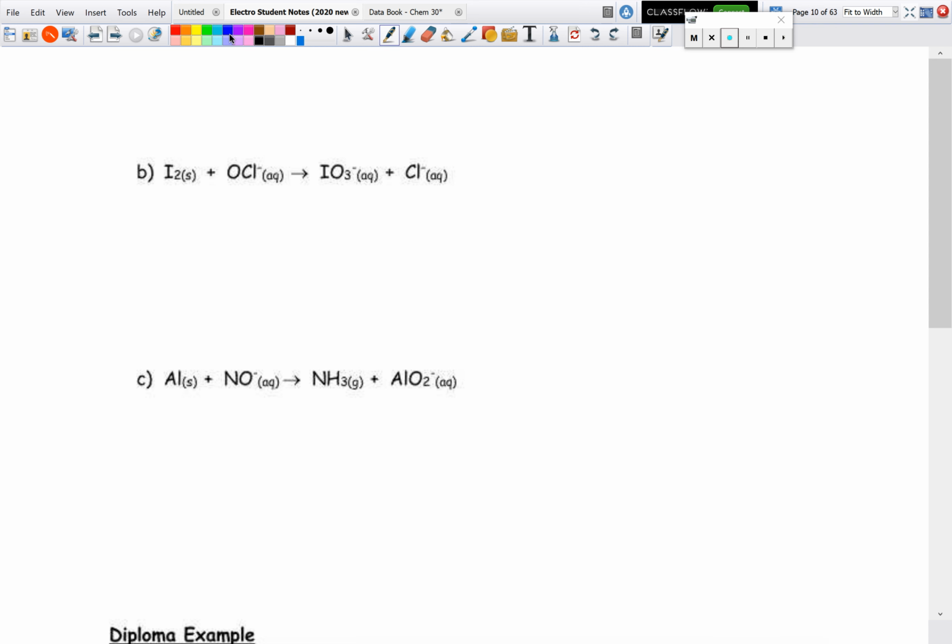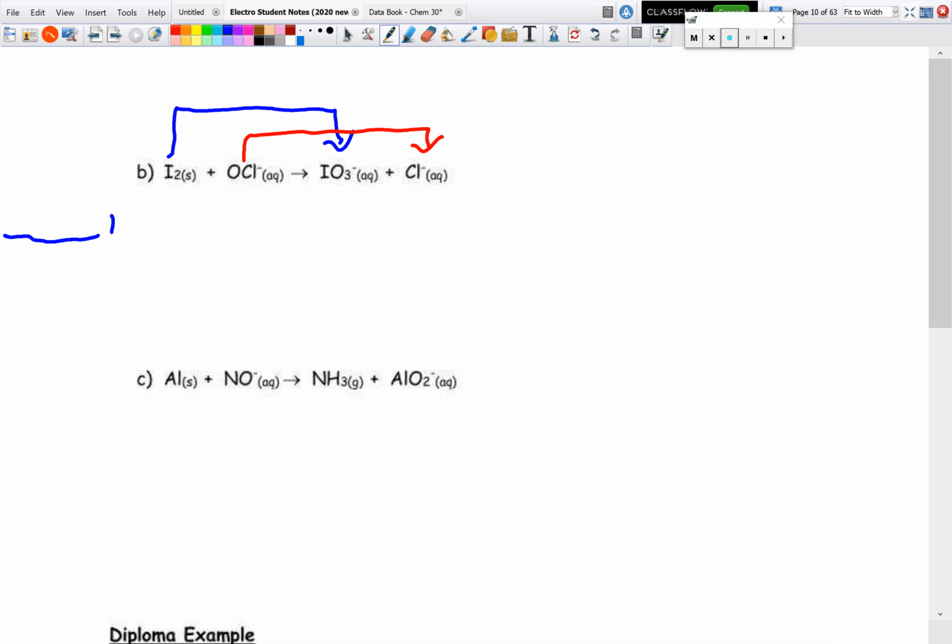Same thing as the previous example. We're going to look at what things are changing. We can tell I2 is going to IO3, so that's going to be one half reaction. And the other half reaction is OCl minus going to Cl minus. So we can write those in. Same thing, I don't know what's going to be oxidation or reduction, so I can just leave it blank.